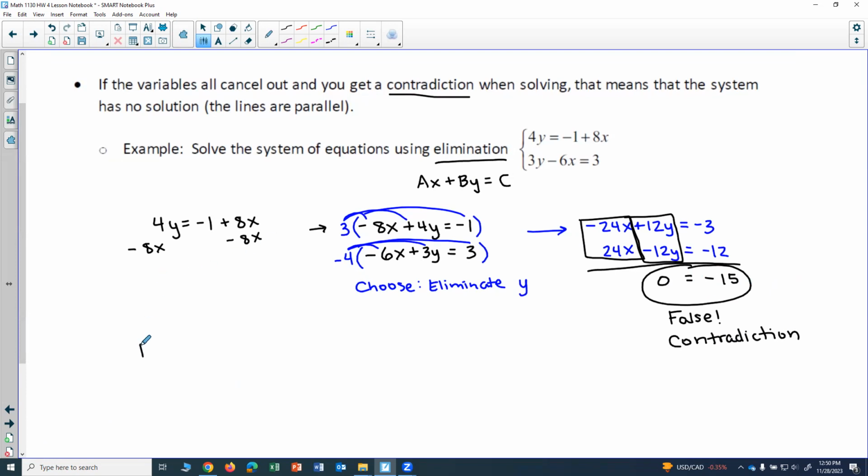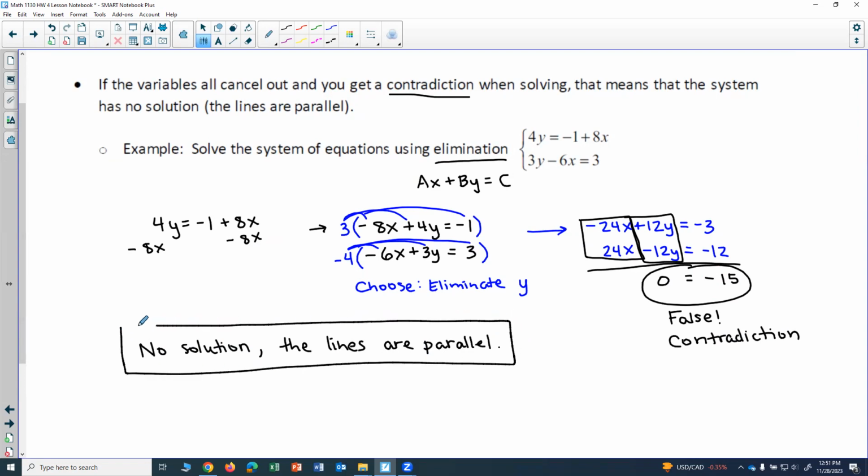So because of that contradiction, I would say that there's no solution. And another way to think of that geometrically is the lines are parallel. So there's no point where the two lines cross each other.